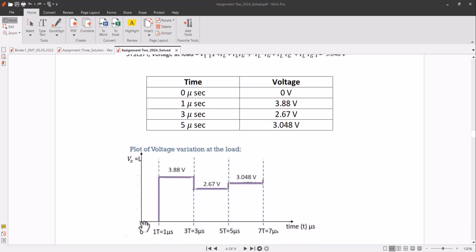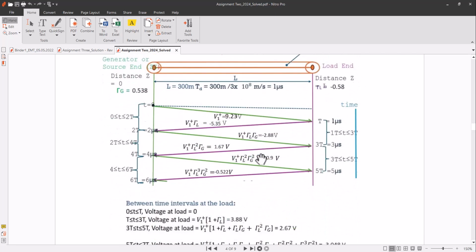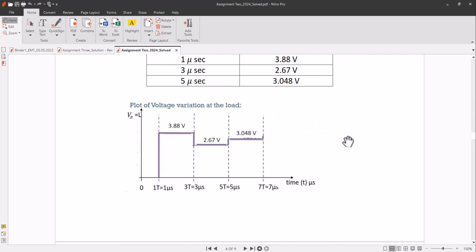We have 0 volt at 0, and at 1 tau we have 3.88, at 3 tau we have 2.67, and from 2.67 at 5 tau we will have 3.04. So this is how we get a converging voltage, which is equal to 2.96 as we calculated here. So this will ultimately converge to 2.96 in between these two limits.